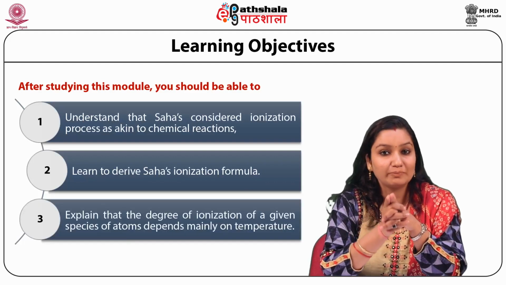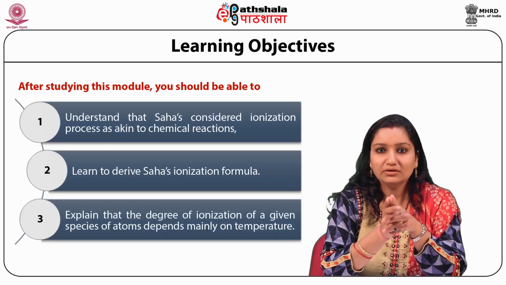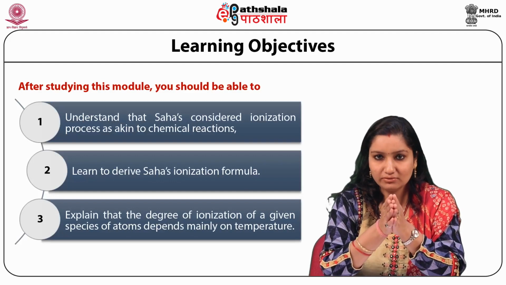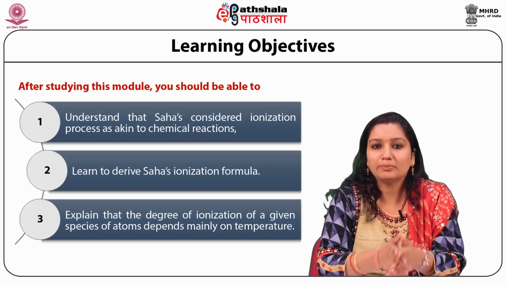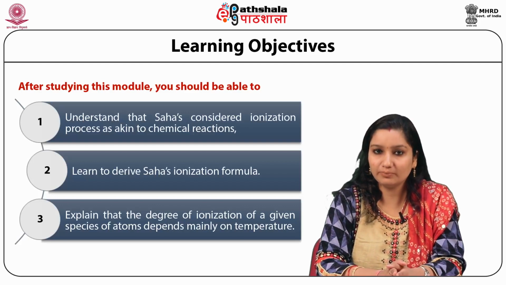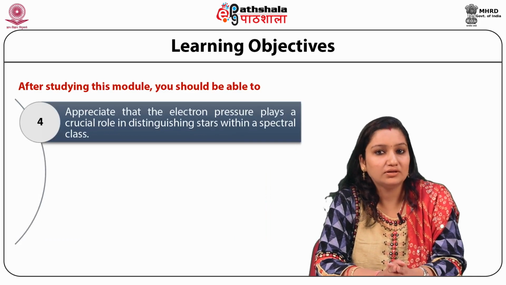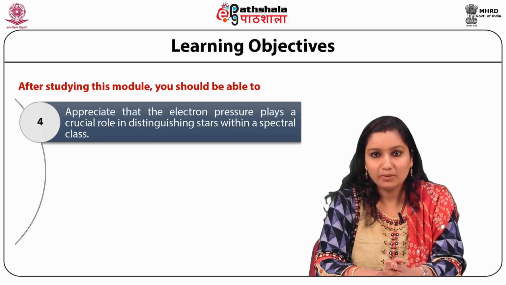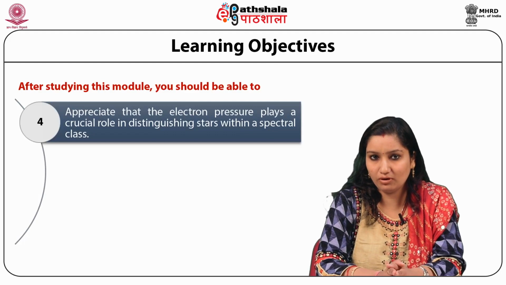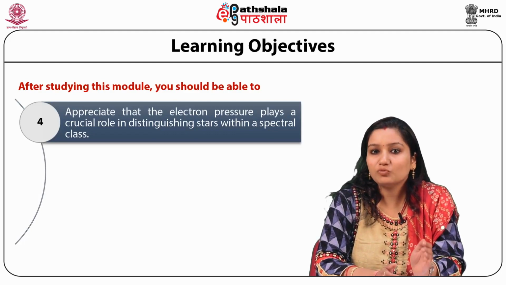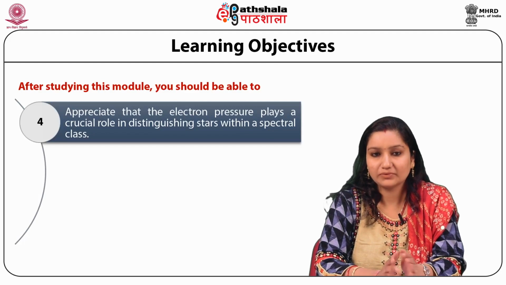We will be able to explain that the degree of ionization of a given species of atoms depends mainly on temperature. Then we'll appreciate that the electron pressure plays a crucial role in distinguishing stars within a spectral class.